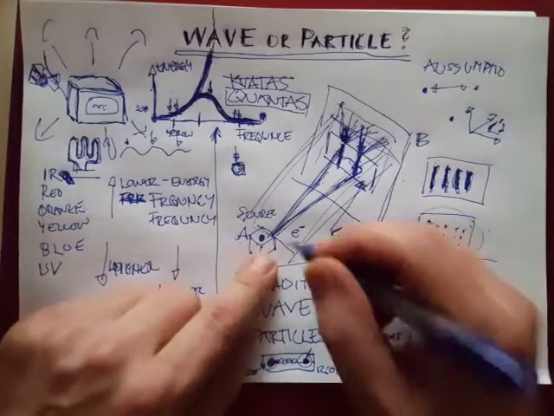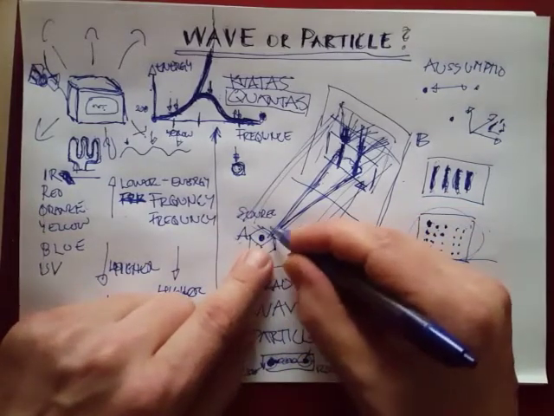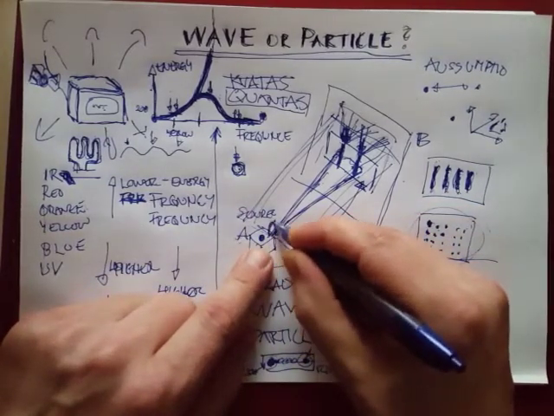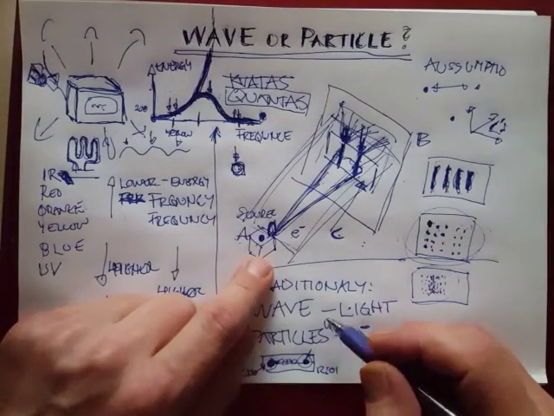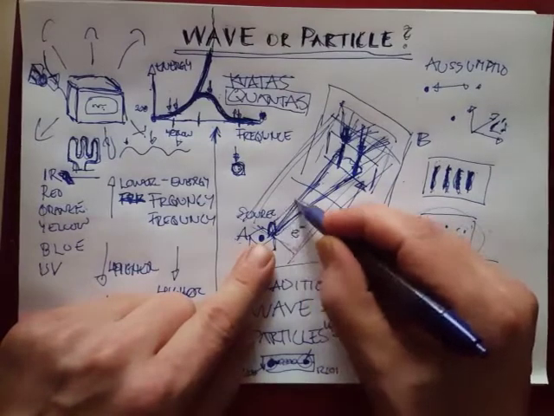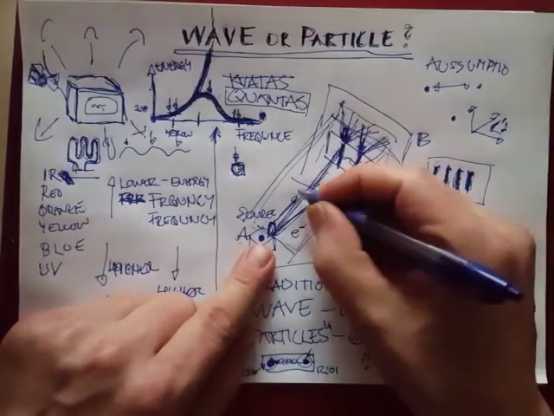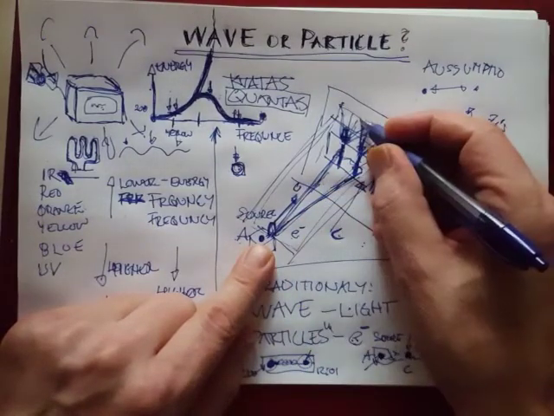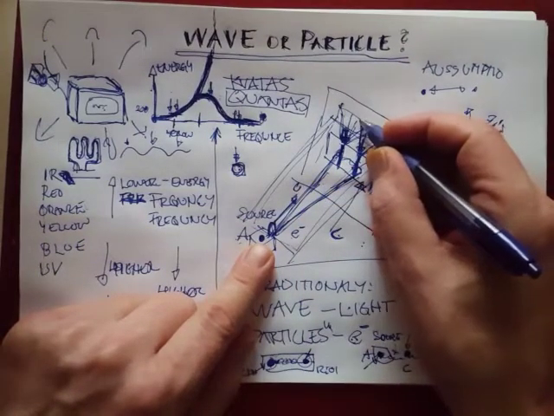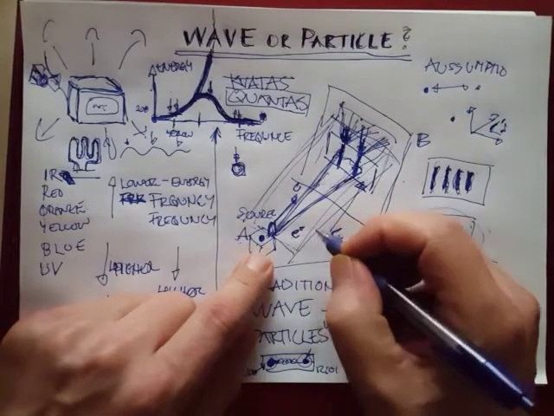And the particle is a crest in that field, and since it's light, it is a crest that moves at the speed of light from here to here. The same thing is true for an electron.